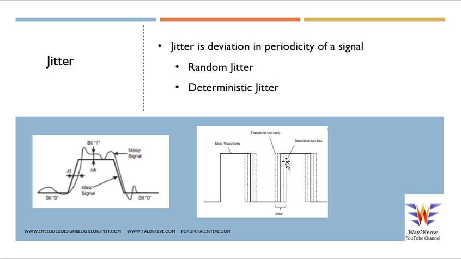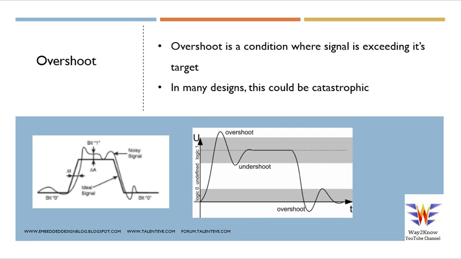So when it comes to deterministic jitter, it is something which can be seen. So example, when we say the deviation has come periodically here, which is seen across the waveform. So deterministic jitter is something which can be predicted, which can be clearly seen that this is a jitter seen at given intervals.